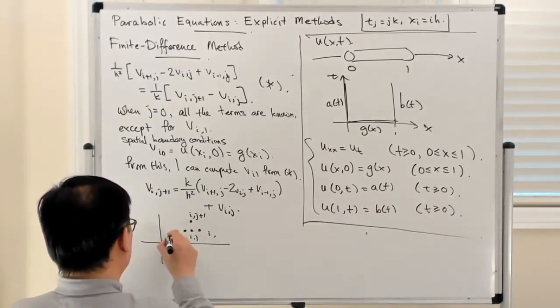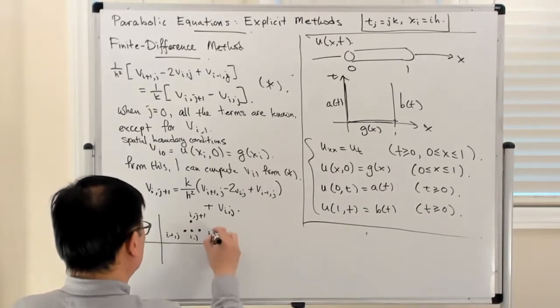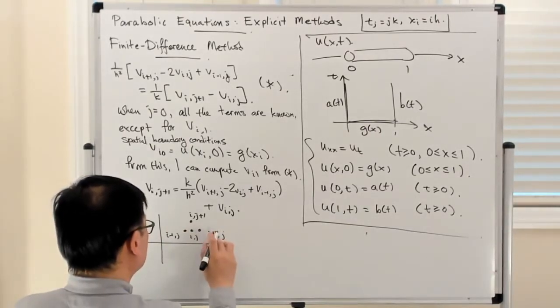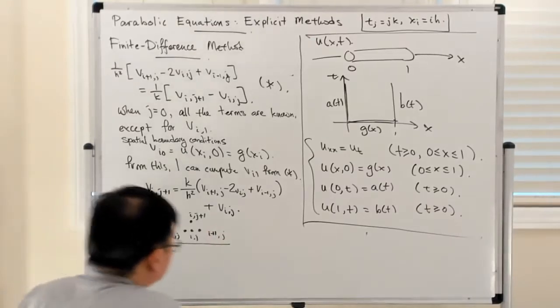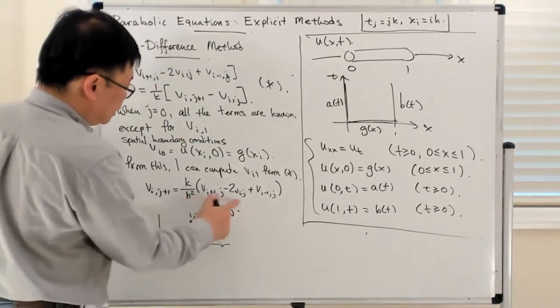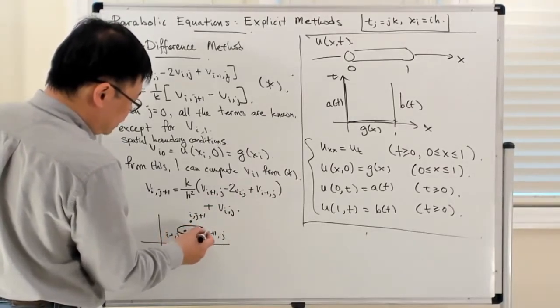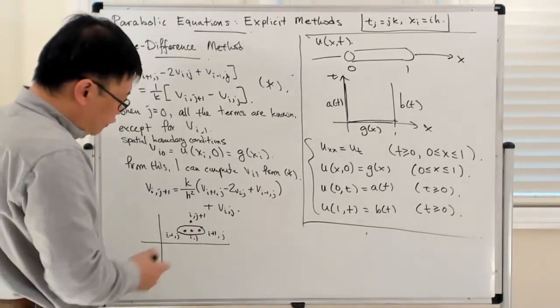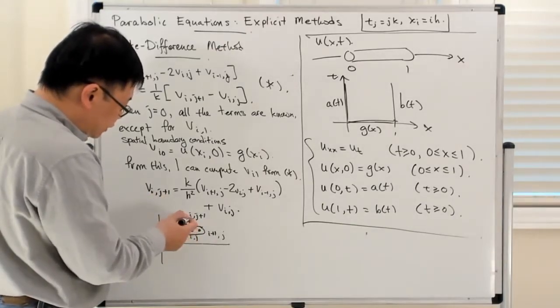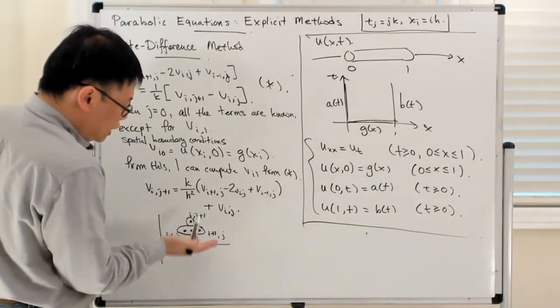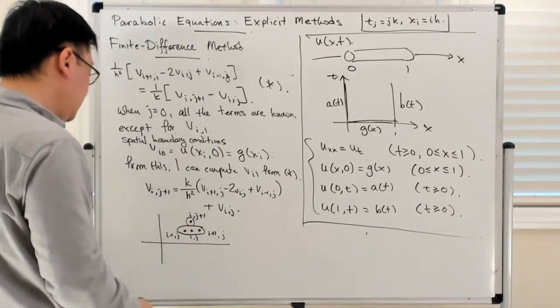This is the i minus 1 comma j, and this is the i plus 1 comma j term. You can see that the terms on the right-hand side involve these three entries. And if you know those three entries, you can compute this new entry. So you can essentially time march the solution upwards.